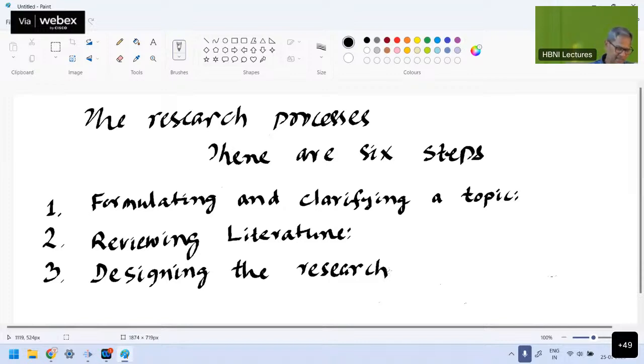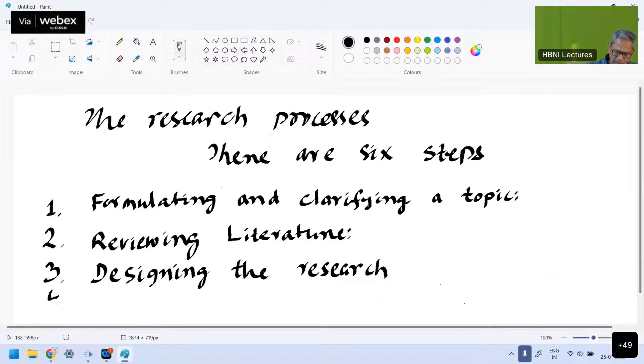So once you have done the three things, topic selection and finding the gap area so that you can contribute through your research and add knowledge to the body, then comes the data collection.